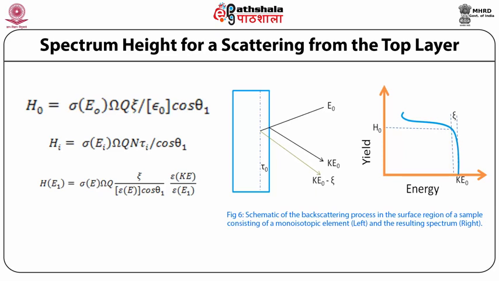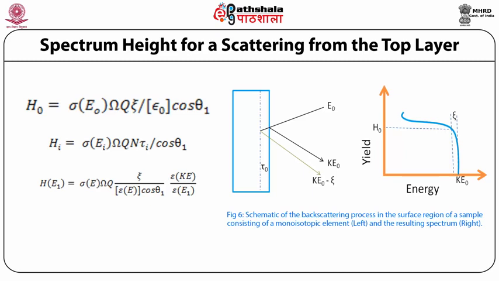H, the function of E1, can be written as sigma(E) omega q zeta divided by epsilon, which is a function of E cos theta 1 multiplied by epsilon(KE), where epsilon is a function of kinetic energy KE divided by epsilon, which is a function of E1.